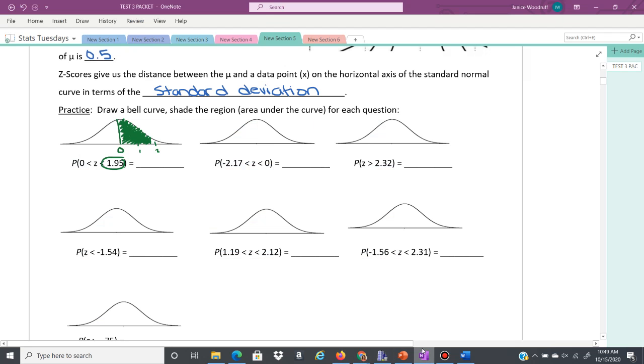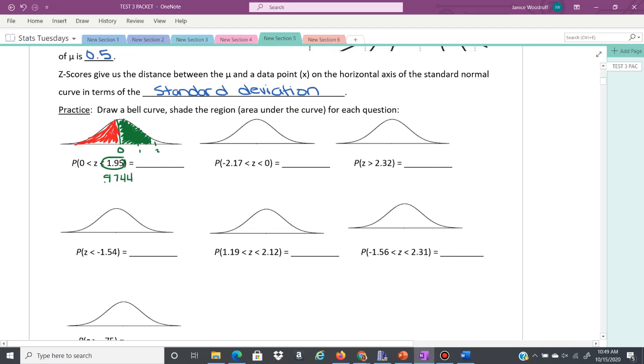Okay, so we go back to our chart. This area is 0.9744. But what that tells you is really the area from here, 1.95, all the way over here. It's the entire area to the left. So it's not 0.9744. We have to take out this part of the curve, because we don't want it.